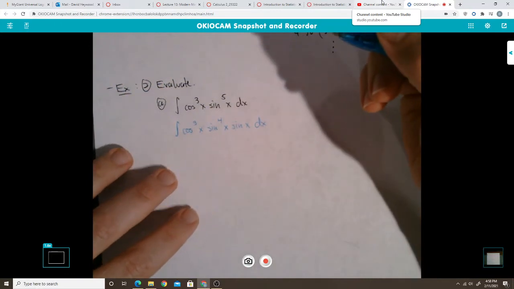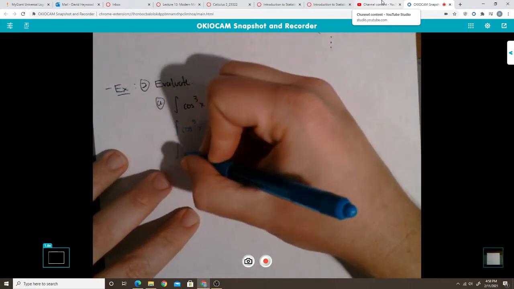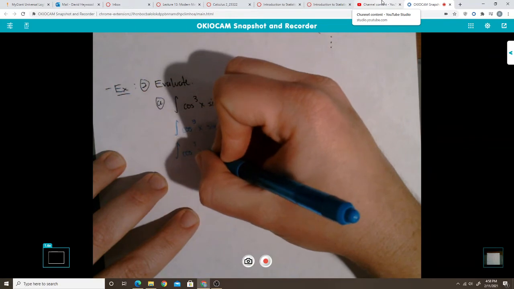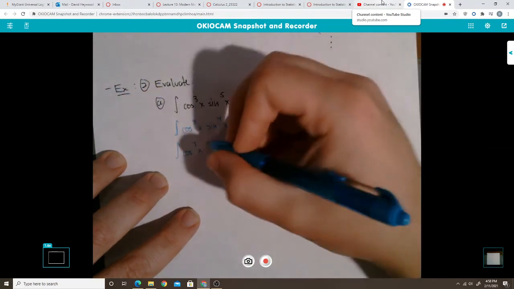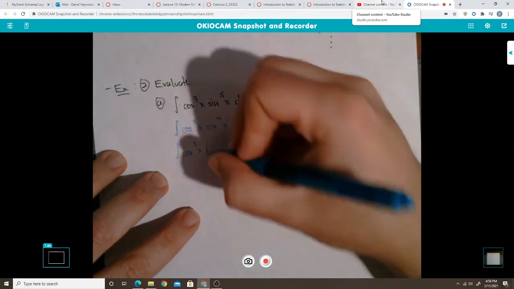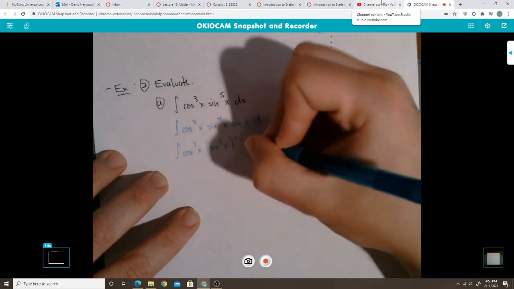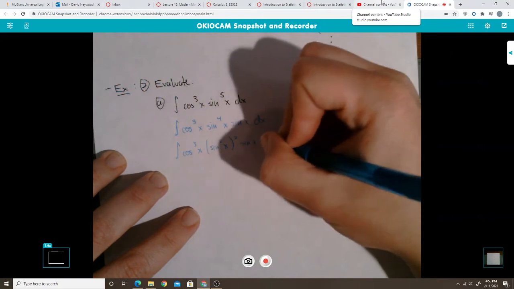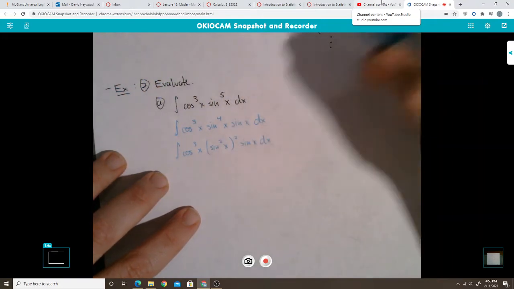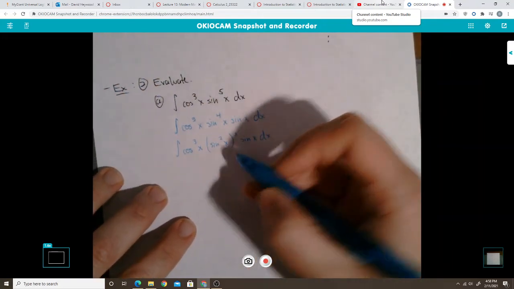So sine to the 4th is really sine squared squared. And sine squared can be written as 1 minus cosine squared.